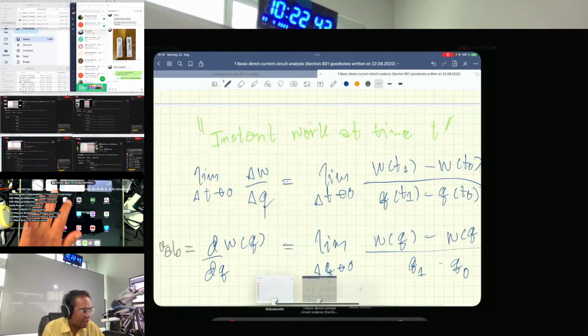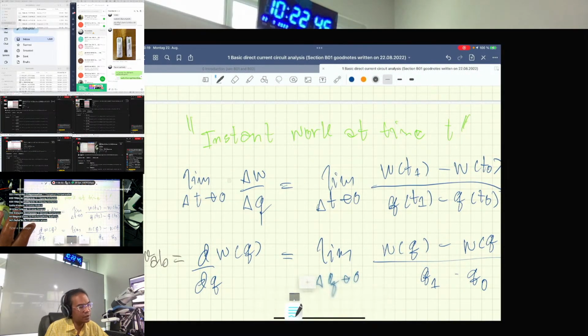And Volta observed the energy change per Coulomb, right? The unit of the work is joule, the unit of charge is Coulomb. So the unit of this ratio is gonna be joule per Coulomb, right? Joule per Coulomb.